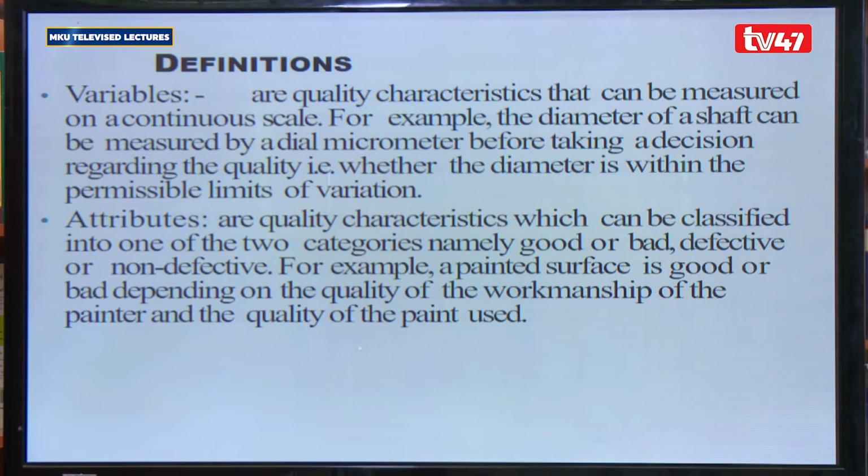Then we have the attributes. Attributes are characteristics that cannot be measured, and we can only describe them. And remember, when we say that something is bad, or is good, or is defective, or is effective, it may sometimes be relative depending on the quality levels that you impose.